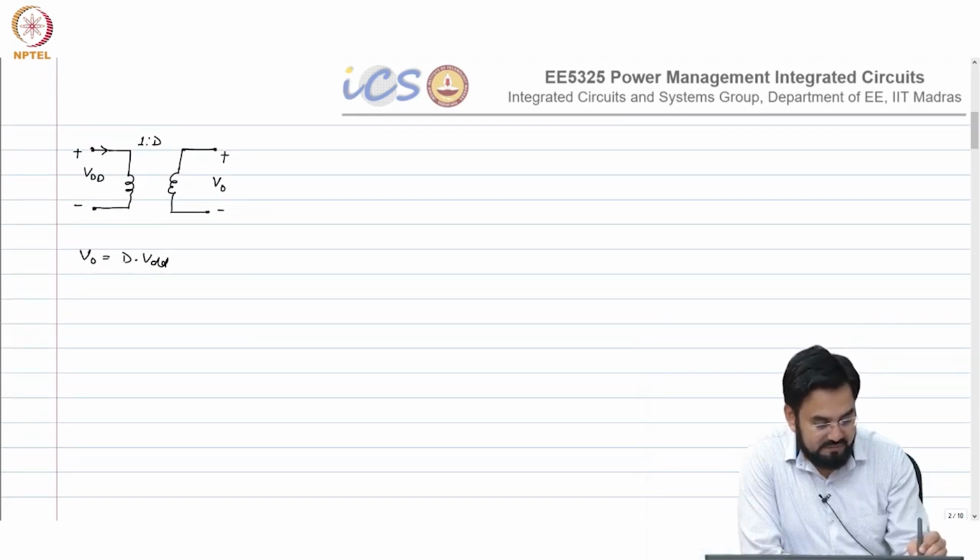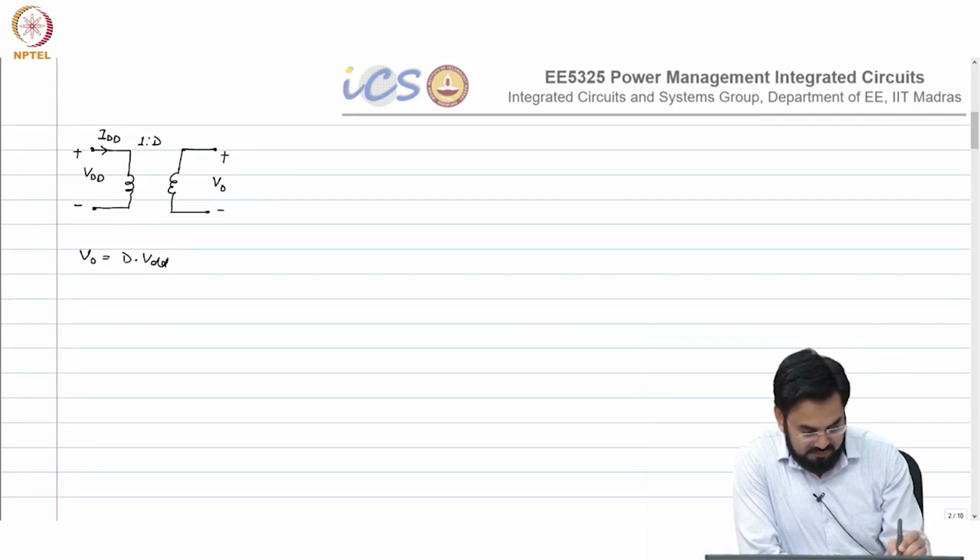So, if this is IDD and the output current is your I out.